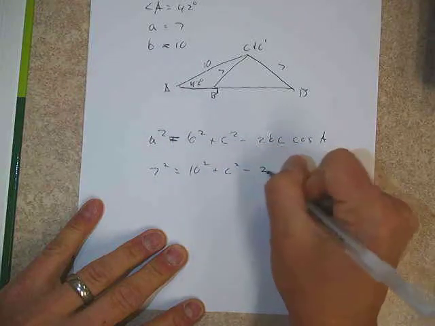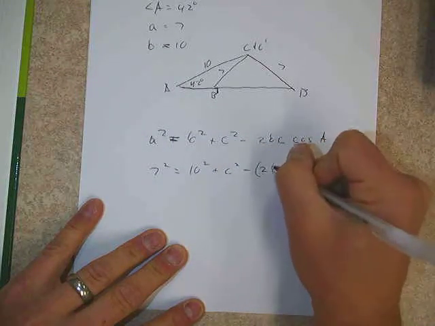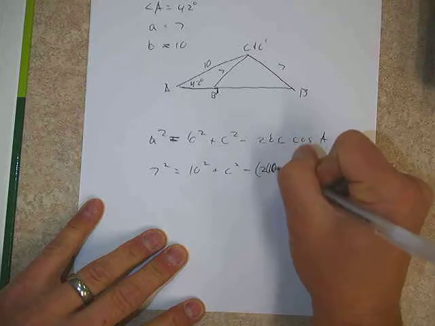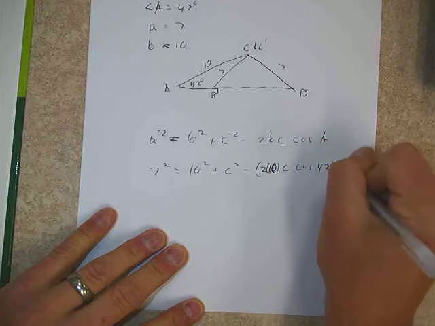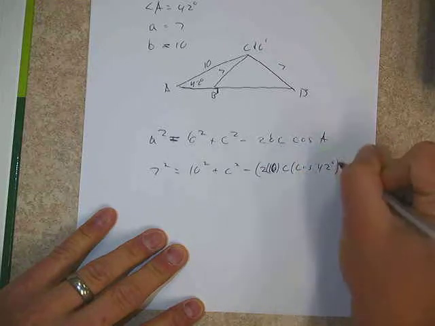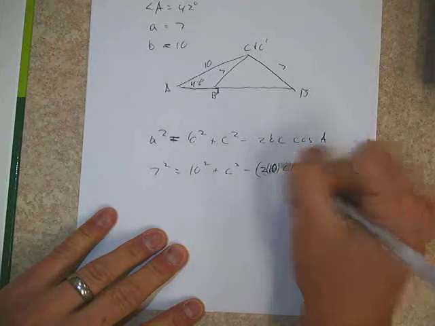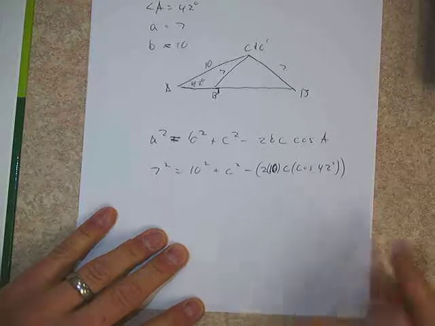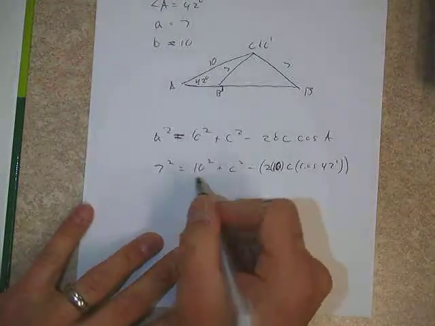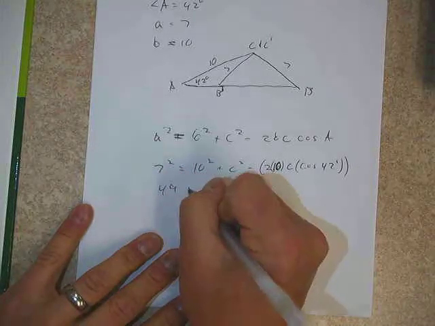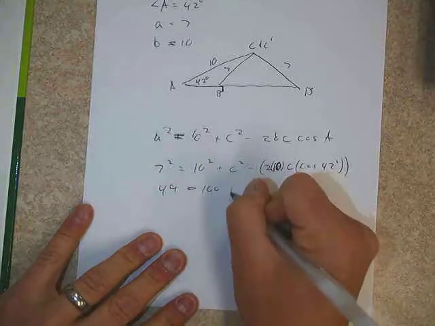When we fill in the blanks here, we know a is 7, and we know b is 10. We don't know c, and we do know A is 42 degrees, so we have 2 times 10 times c times the cosine of 42.